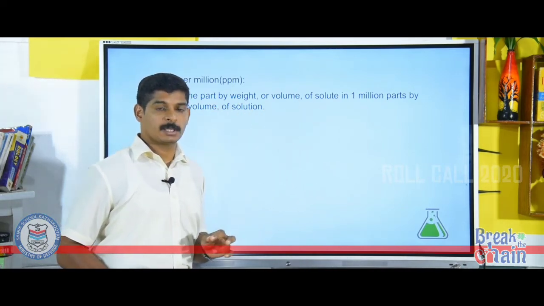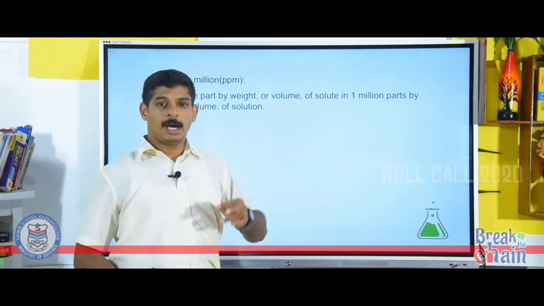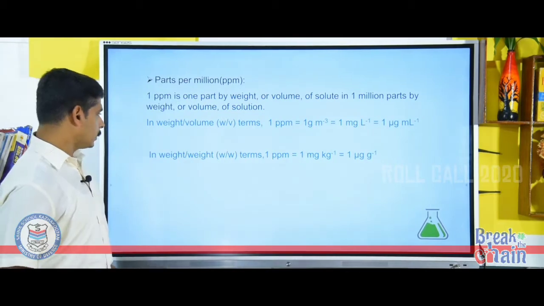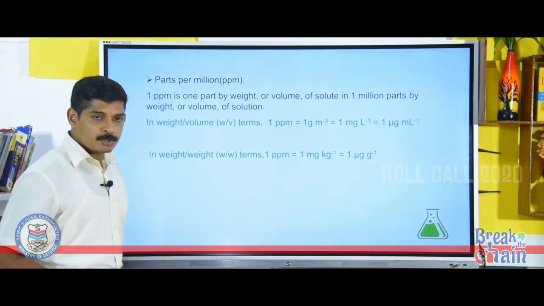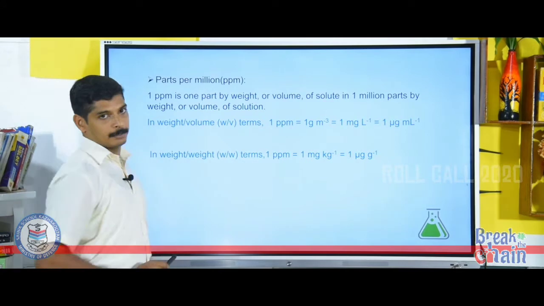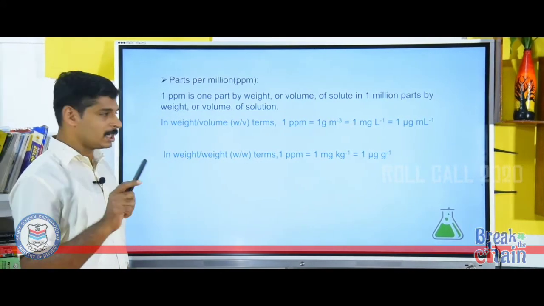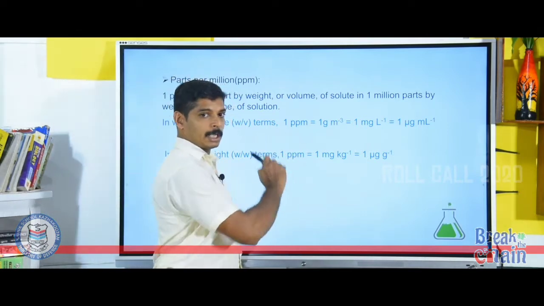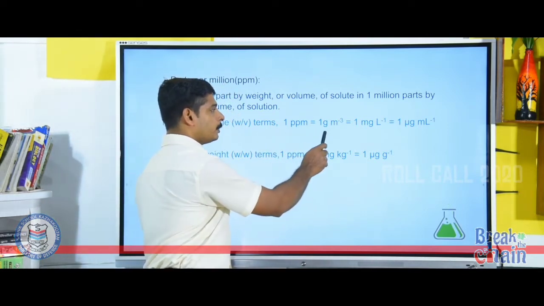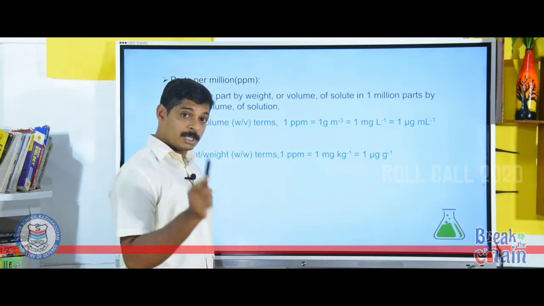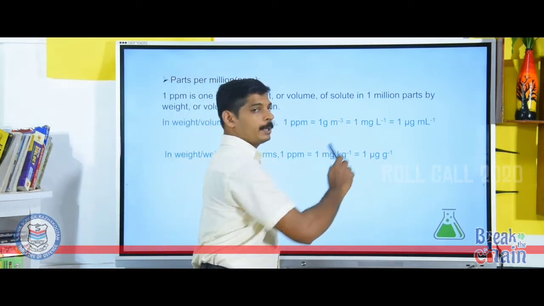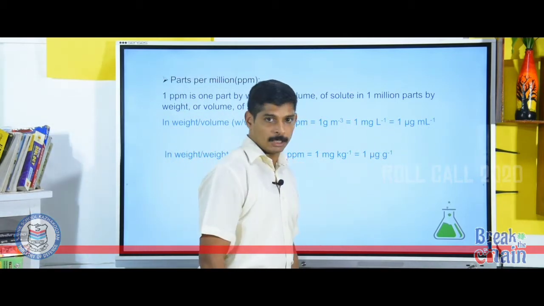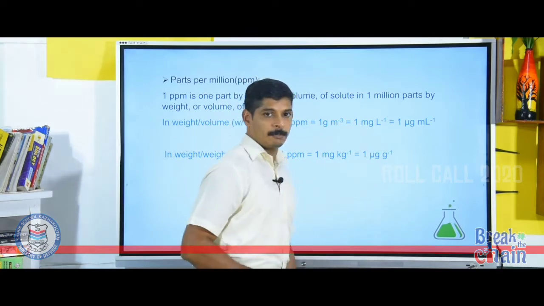That means you can express the amount of the solute either in terms of mass or in terms of volume. 1 part per million can be defined as 1 gram per meter cube, which is equal to 1 milligram per liter, or 1 microgram per milliliter. So that will be equivalent.